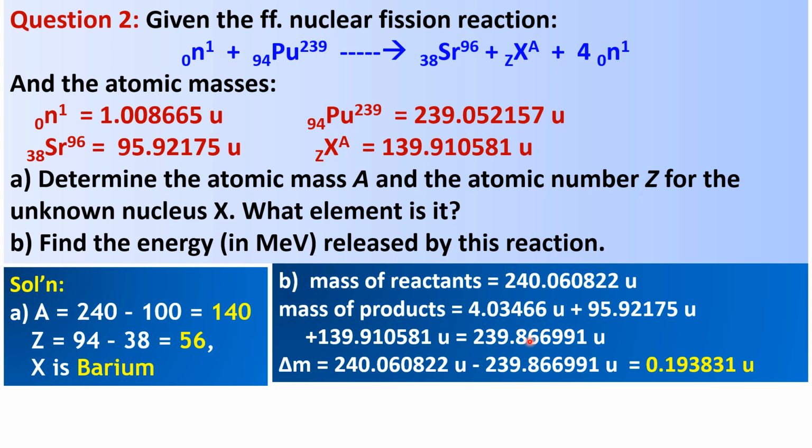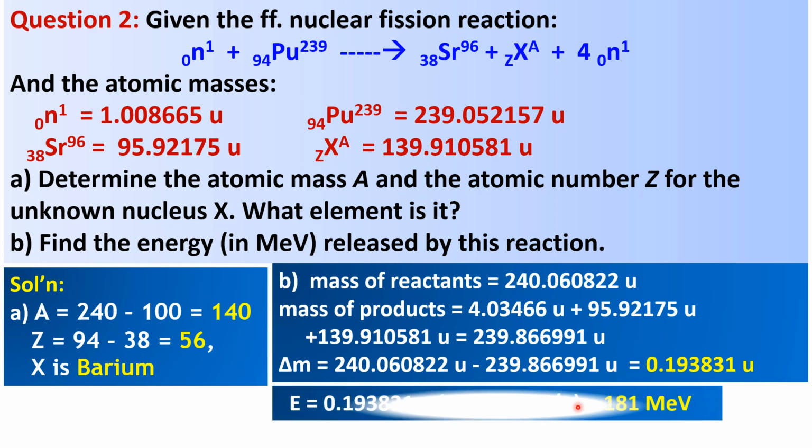So our total mass of the final products is 239.866991 AMU. When you subtract the mass of the initial nuclides minus the total mass of the final nuclides, our delta M or mass difference is equal to positive 0.193831 atomic mass unit. We need this to be able to get the energy released during the reaction.